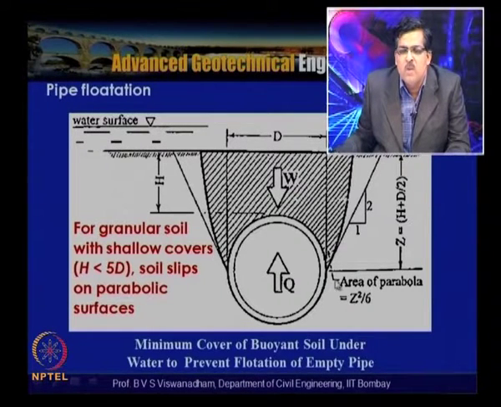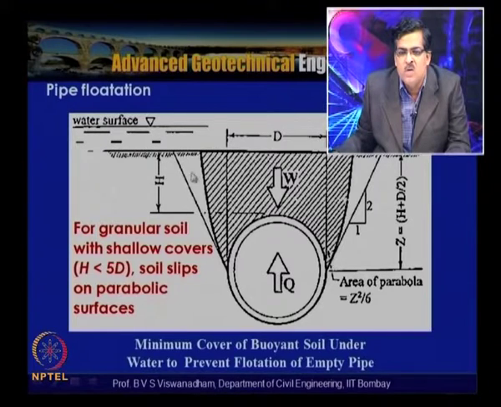This was obtained from model test data, and z is up to the mid depth of the pipe, so z is equal to h plus d by 2. The wedge has a slope of 2 vertical to 1 horizontal.